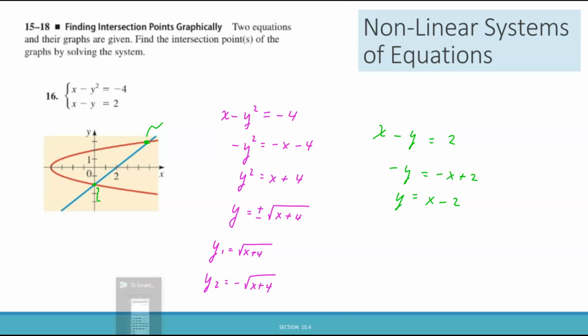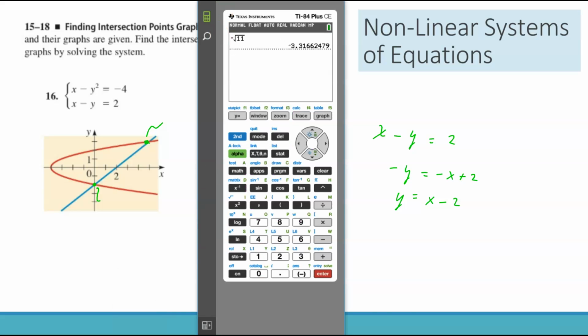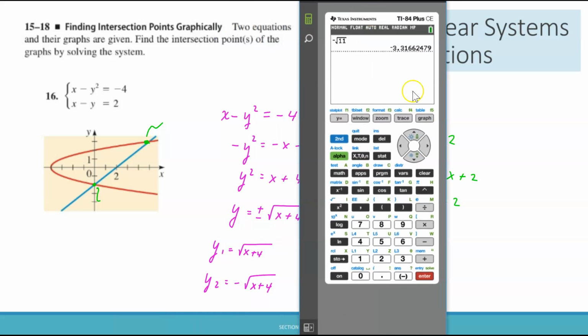Okay, so let's get this put into our graphing calculator. We're going to hit clear, then Y equals, and clear out another problem that was left over. What do we want? We want the square root of x plus 4, and the negative square root of x plus 4.